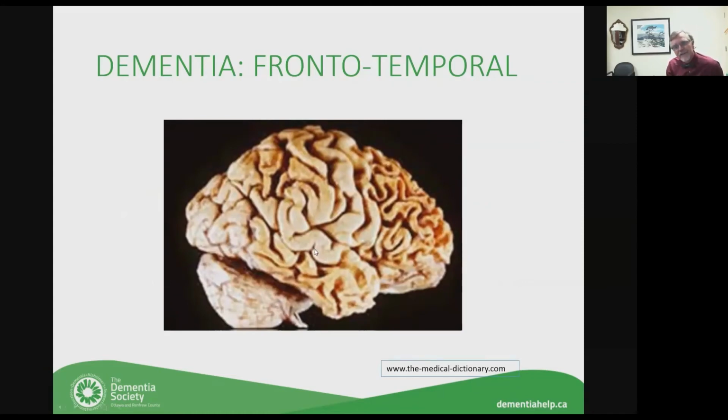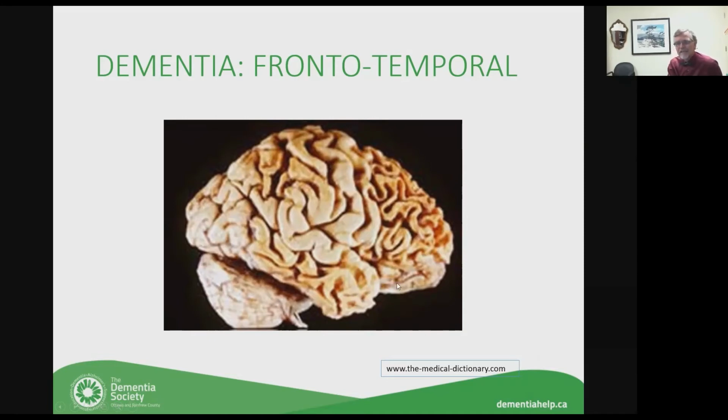But now you can see here, this looks like a pretty normal brain in the back part of the brain in comparison to this, right? So here you see it's really shrunk pretty badly. And of course, this is the frontal part of the brain. But if you look here, the tip of the temporal lobe is also showing a bit of shrinkage. So it's certainly not as plump, as healthy as the posterior areas of the brain.